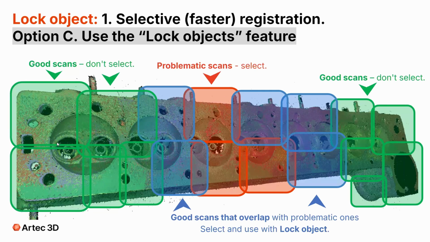And finally, the good scans in green should be left completely unselected. Because they don't overlap the problem area, they don't need to participate in the calculation at all. By focusing the algorithm strictly on the relationship between the red and blue zones, we achieve high precision results in that 2.5 minute time frame.